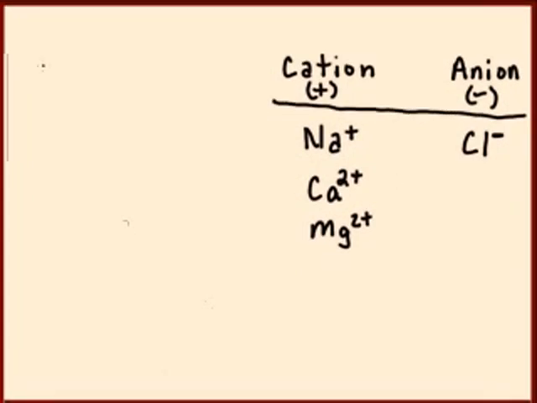If you have the sodium cation and the chloride anion, we call the salt sodium chloride, which makes sense. So the salt in this case would be sodium chloride.